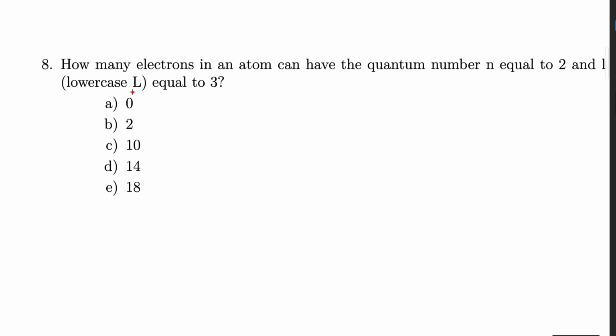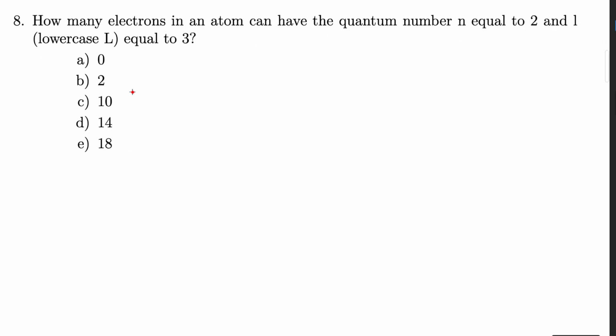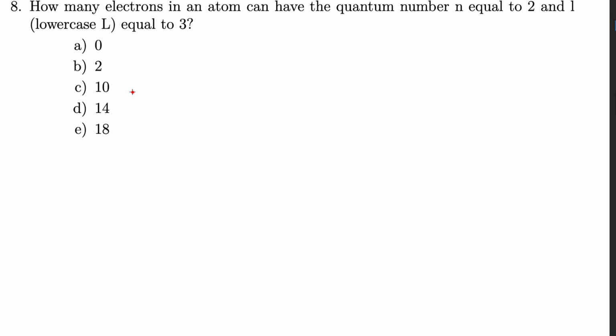Another question you could see would be how many electrons an atom can have with quantum numbers n equals 2 and L equals 3. So again, n can go from 1 up into infinity. There's an infinite number of solutions, an infinite number of orbitals, but only the lowest energy orbitals are actually occupied, so we only have to worry about those. L goes from 0 to n minus 1.